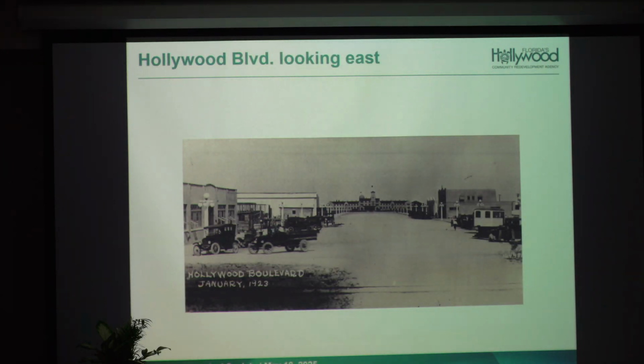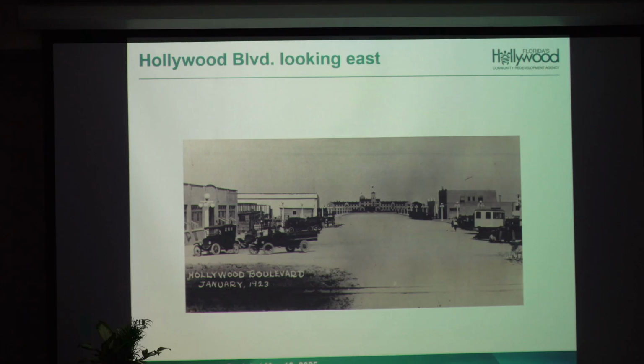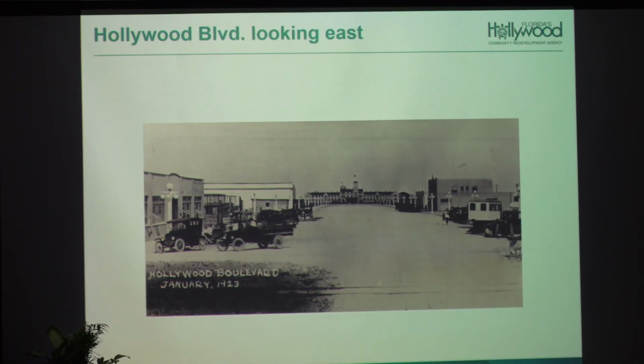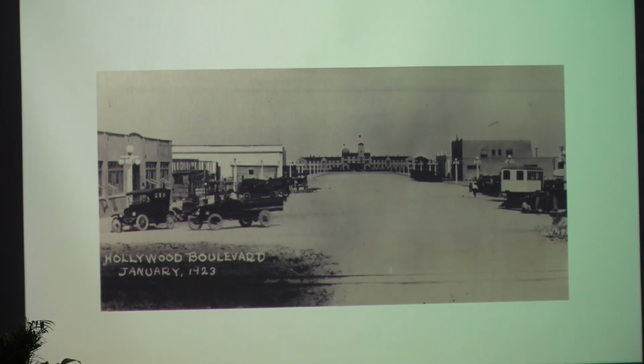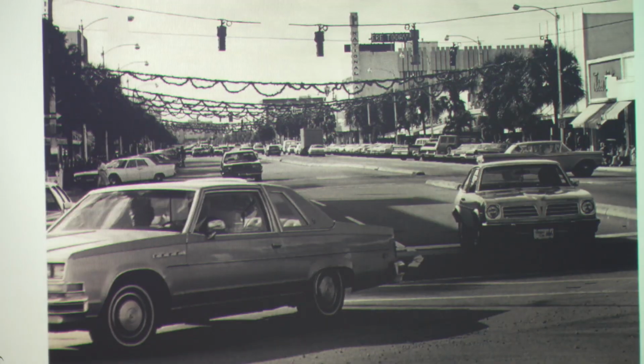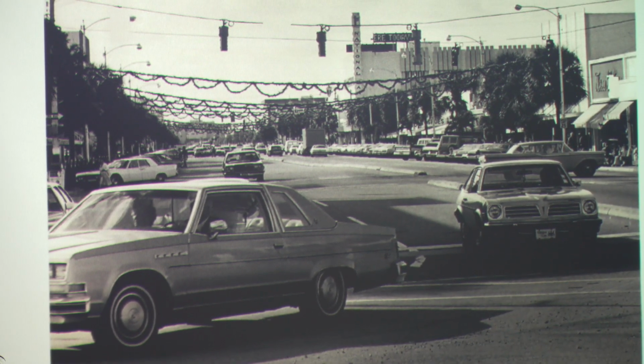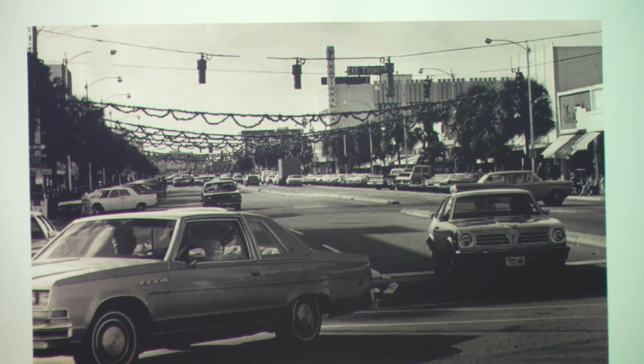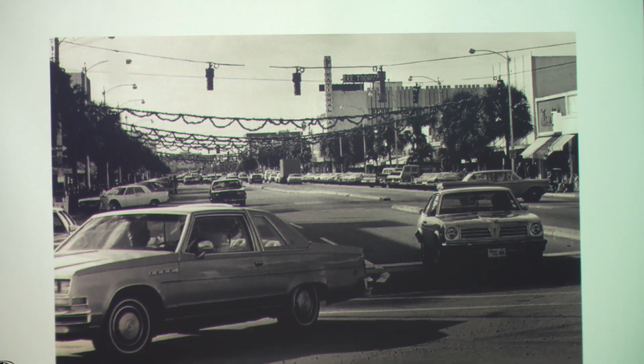Looking back a few years, this is from 1923. This is Hollywood Boulevard looking east. I'm sure many of you have seen this with the Historical Society. And here we are in the 1970s, looking west. Very different.